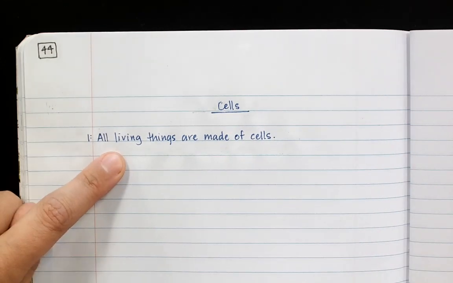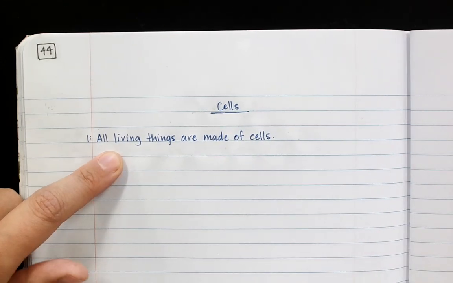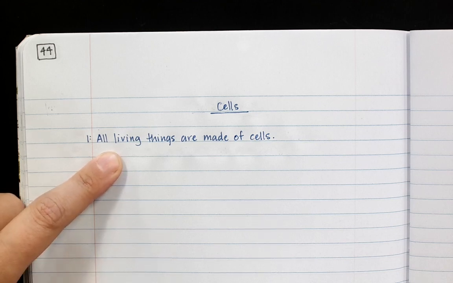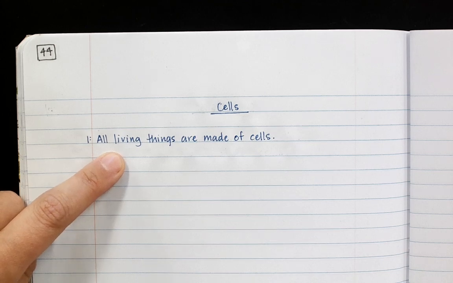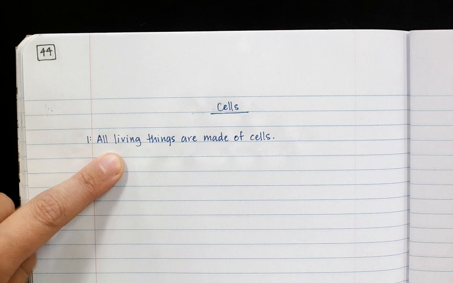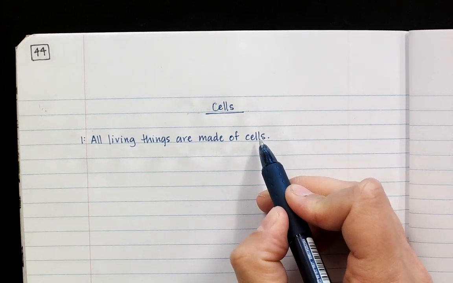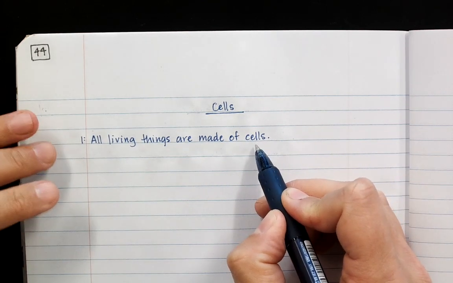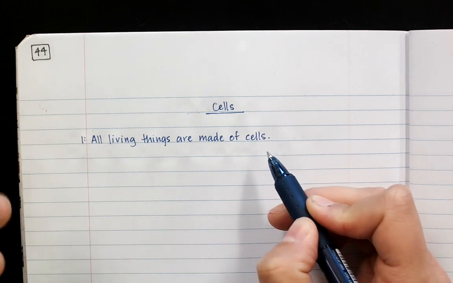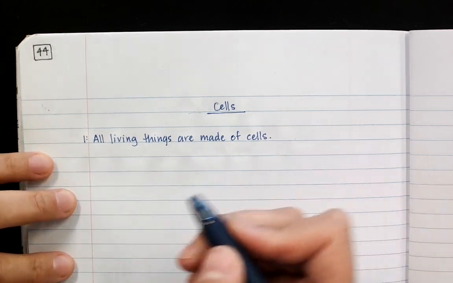So if it is a plant, an animal, a fungus, a bacteria, if it has the characteristics of living things that you learned in like 7th grade, so if it can reproduce, if it can take in energy and nutrients, if it can move, all of those things mean that it's living, and if it's living, it is made up of cells. Now, it could be made of a single cell, or it could be made of multiple cells, but either way, it has at least one cell if it's a living thing.